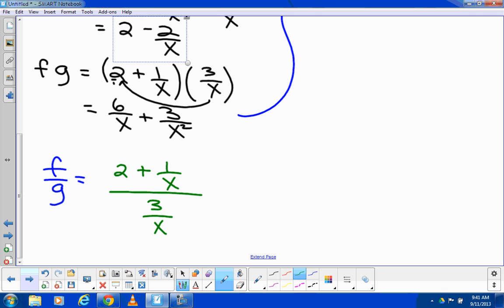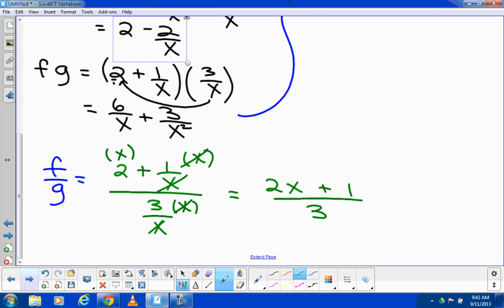Multiply everything by X. Aren't you glad we did all that rational expression stuff? This is why I did that. So when you got to this point, hopefully you would be okay. I'm going to simplify here. This will give me 2X plus, as we cancel, just 1 over 3.